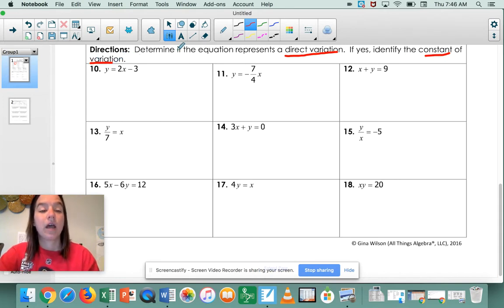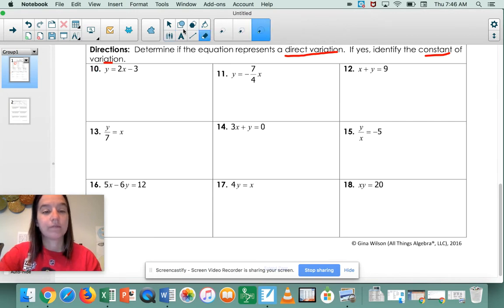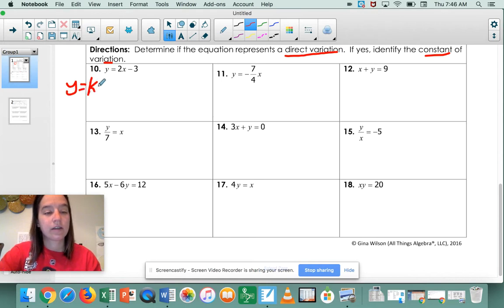So I know things are a direct variation when I'm looking at an equation if it shows me y equals kx.